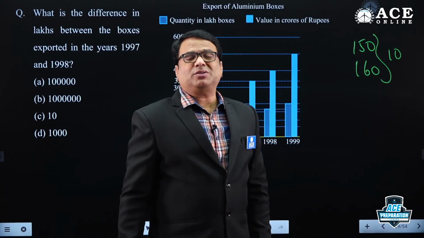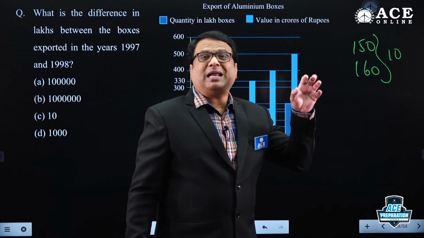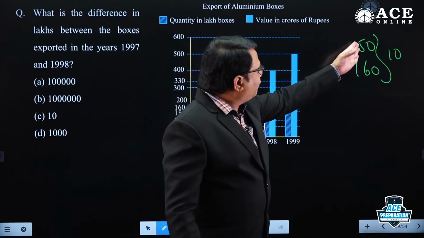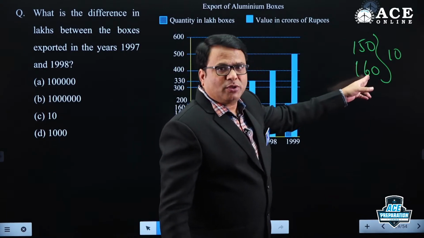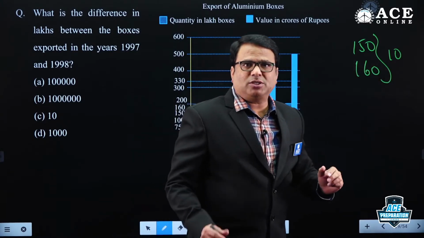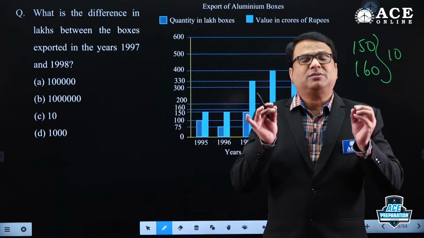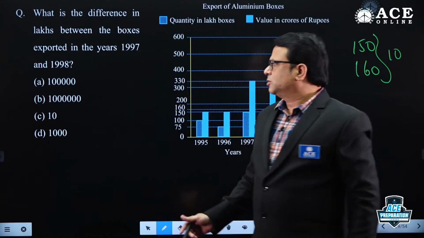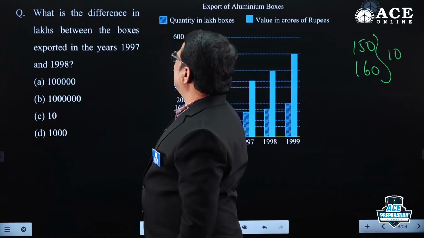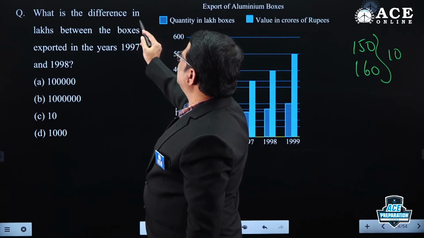So what is the difference? 10 means 10 lakh boxes because this data is in lakh boxes. So when the difference is 10, it doesn't mean 10 boxes. The difference is 10 lakh boxes. Here, what is the difference in lakhs?